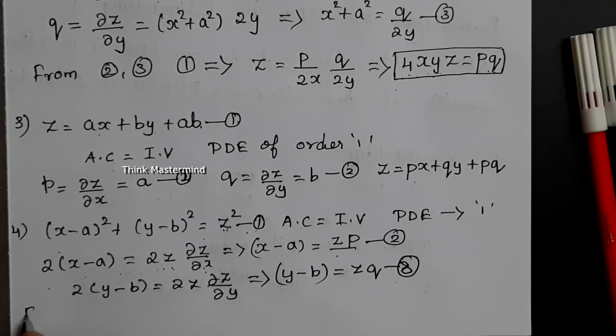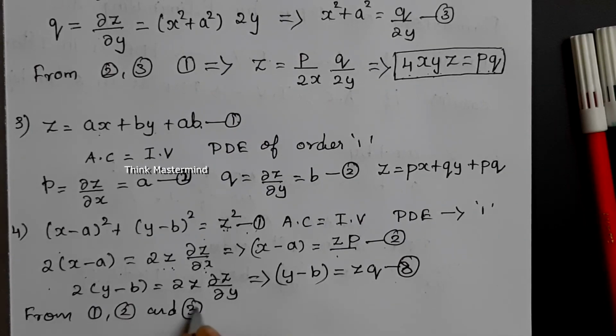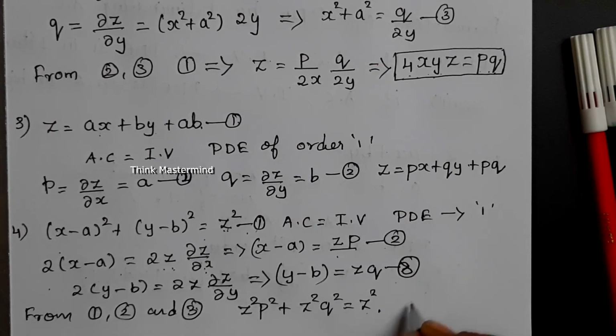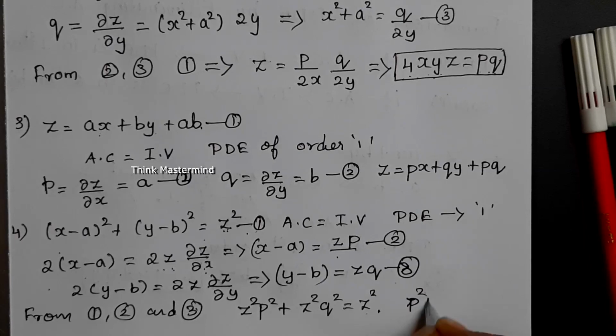So from 1, 2 and 3, the given equation can be written as z squared p squared plus z squared q squared is equal to z squared. Now cancelling z squared, which is common to the left hand side and right hand side, your answer is p squared plus q square is equal to 1.